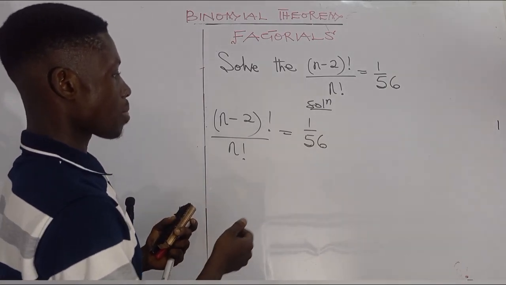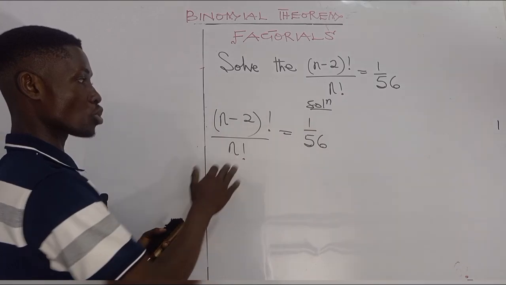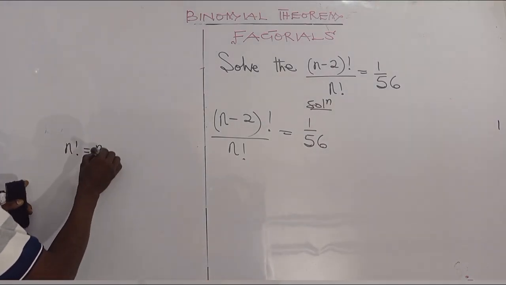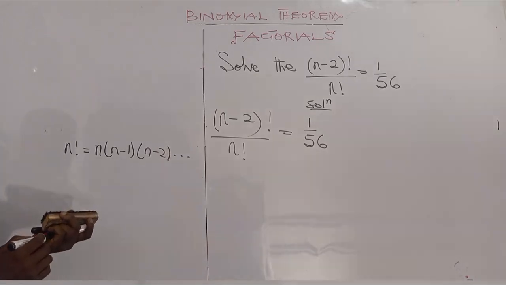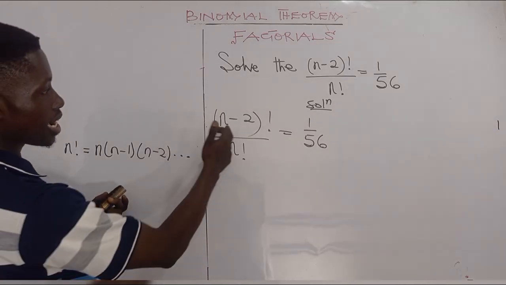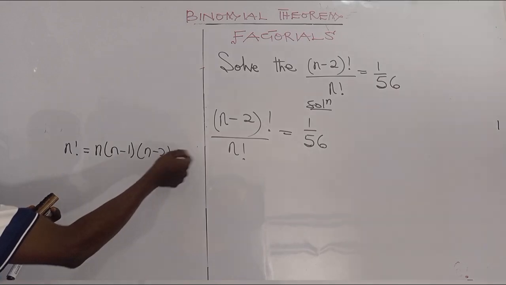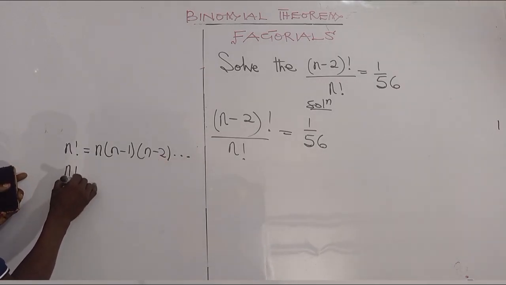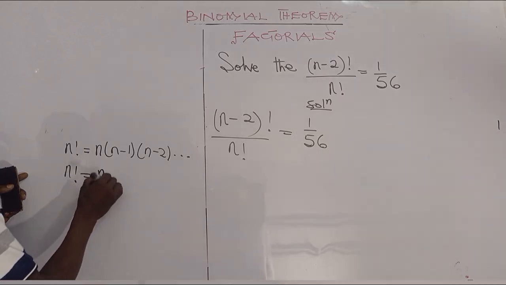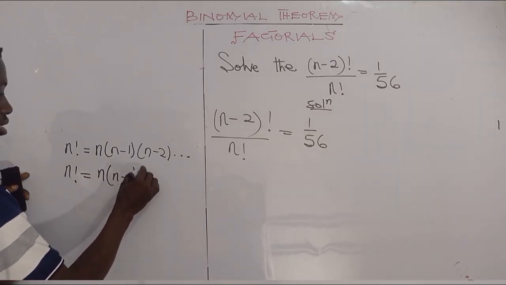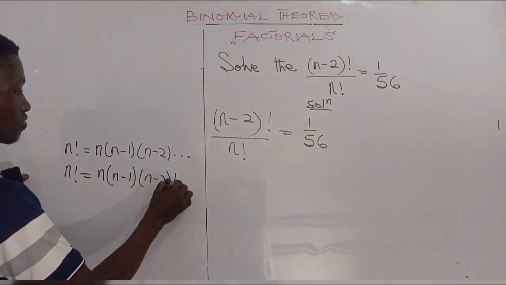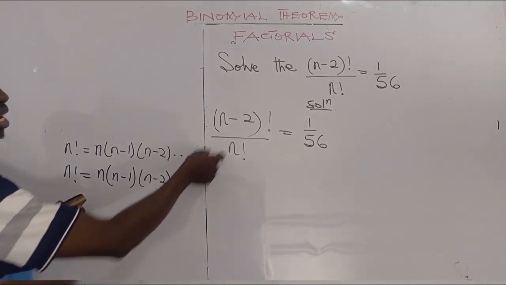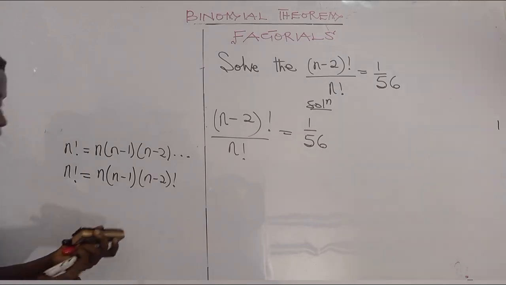Now, we know that n factorial can be written as n times (n minus 1) times (n minus 2) factorial. You realize that we have n minus 2 factorial here, so we can end at this point. Therefore n factorial is given as n times (n minus 1) times (n minus 2) factorial, so that at the end this n minus 2 factorial can cancel the numerator.